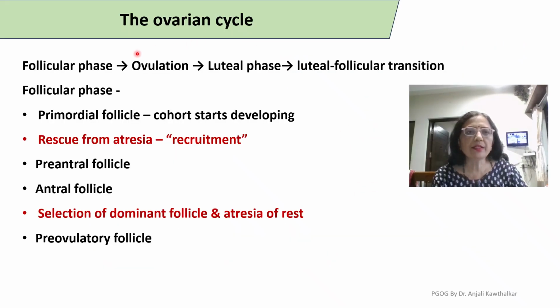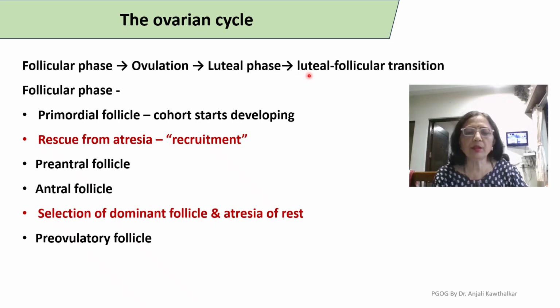Now, the ovarian cycle, we can divide it into follicular phase, ovulation, and luteal phase. That is how we divide it. In our undergraduate years especially, we know that there is a follicular phase, then ovulation, then a luteal phase. But at postgraduate level, remember that we need to identify another part of the ovarian cycle where there are important events taking place as far as the regulation of the menstrual cycle goes.